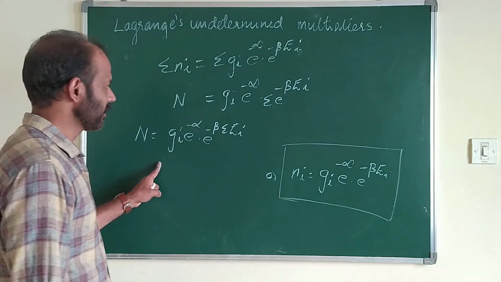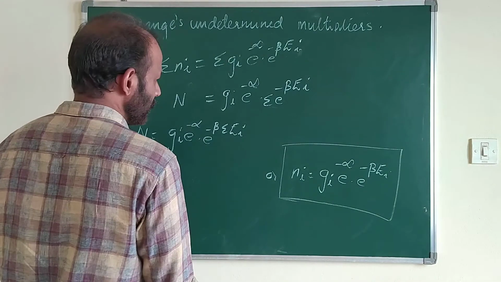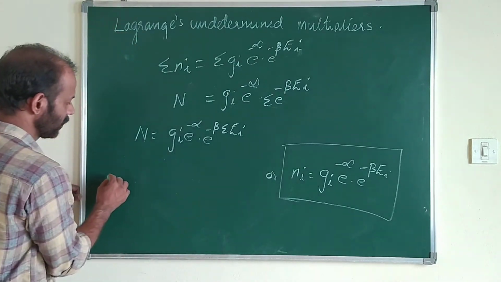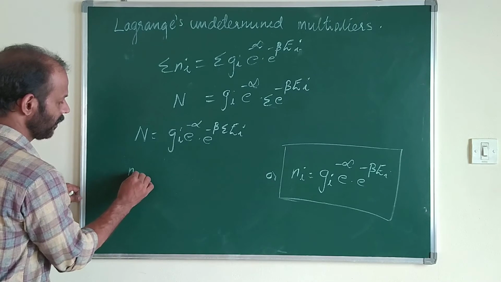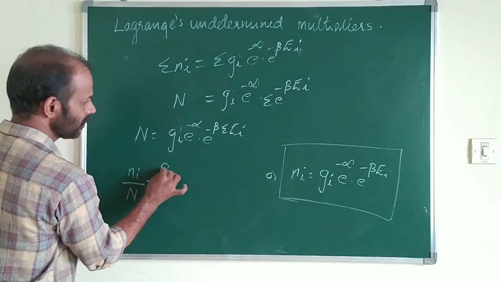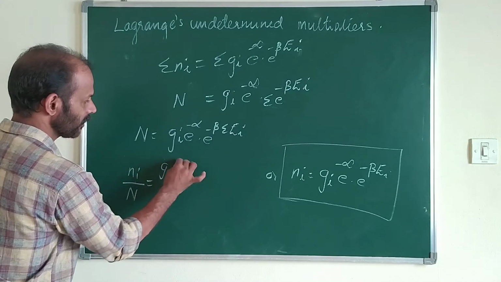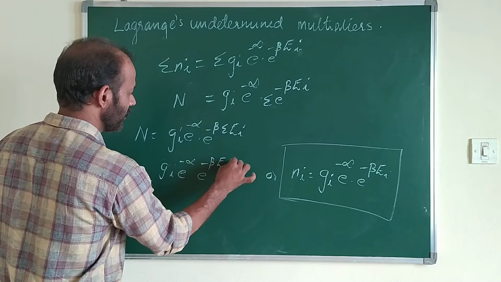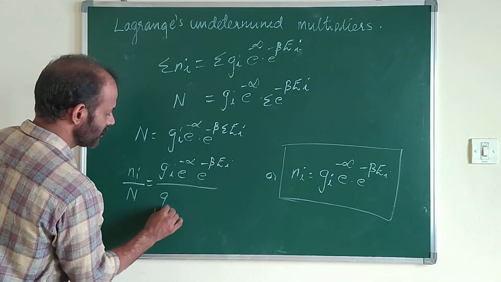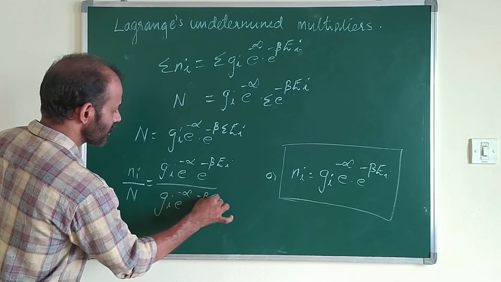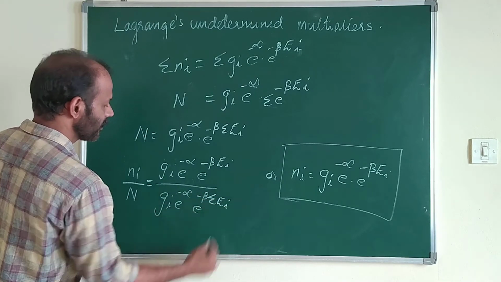That is another equation. So suppose we are dividing this equation by this equation, that is Ni divided by N, which is equal to Gi e raised to minus alpha e raised to minus beta Ei divided by Gi into e raised to minus alpha e raised to minus beta sigma Ei.